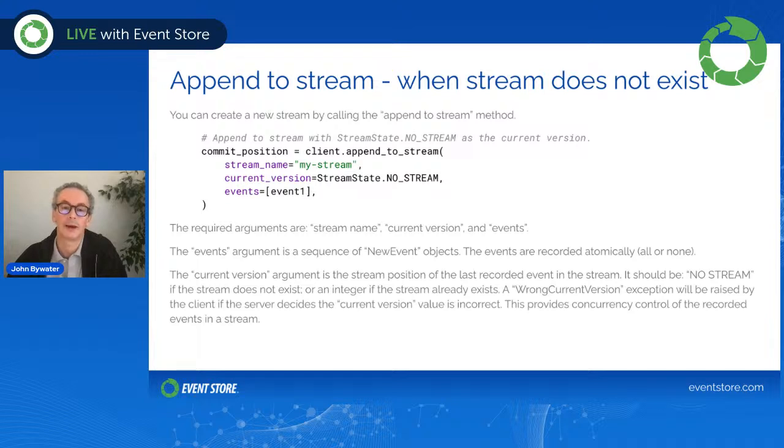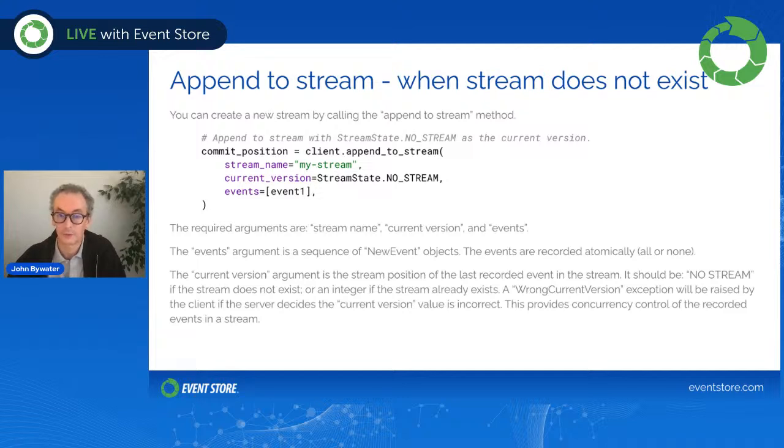So, going back to the synopsis, the first method that we saw was the append to stream method. Sometimes streams exist, sometimes they don't. We can create a new stream by calling the append to stream method. We give a stream name. The other required arguments are current version and events.